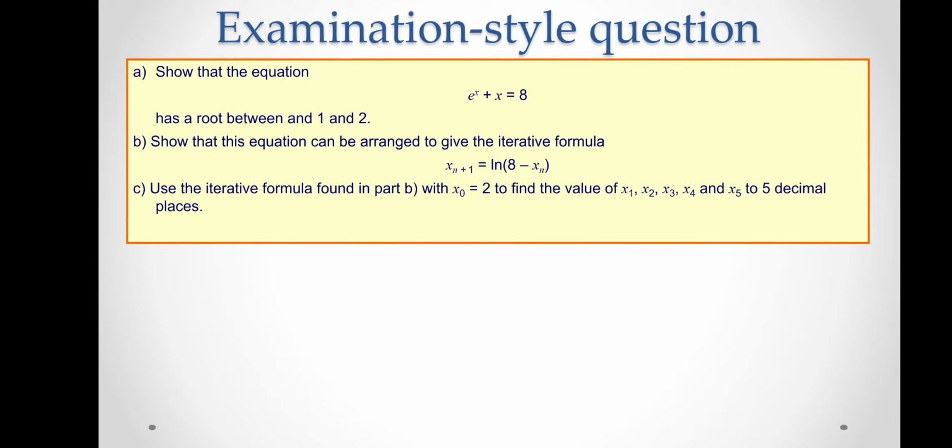C part, use the iterative formula found in B with x naught equal to 2, find the values of x1, x2, x3, x4 and x5 to 5 decimal places. Prove that the value found for x5 is a root of e to the power x plus x equals 8 correct to 4 decimal places.